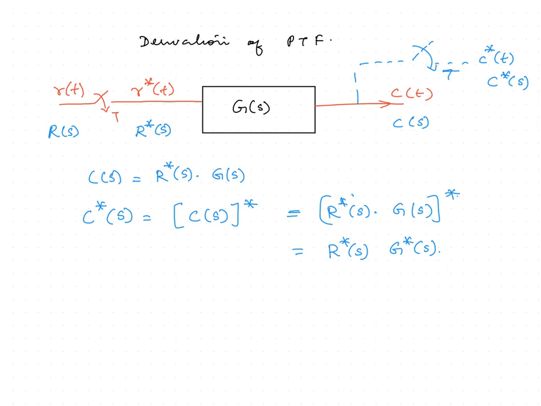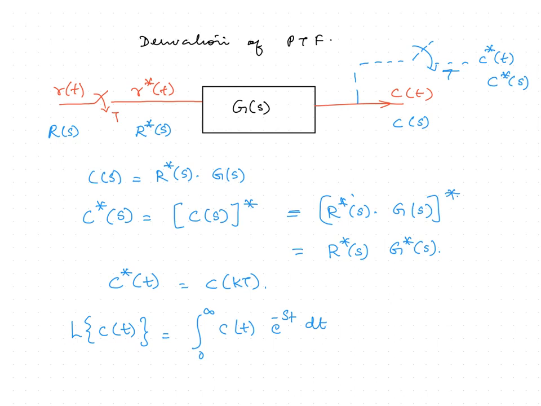And we can see that c star of t is nothing but c(kT), because it is a sampled value. By definition, the Laplace transform of c(t) is given by integral 0 to infinity c(t) e raised to minus st dt.